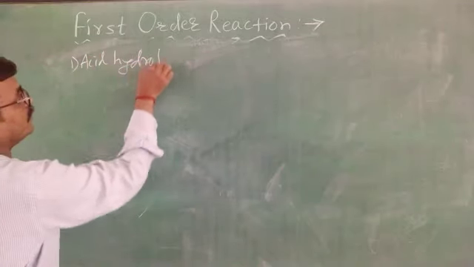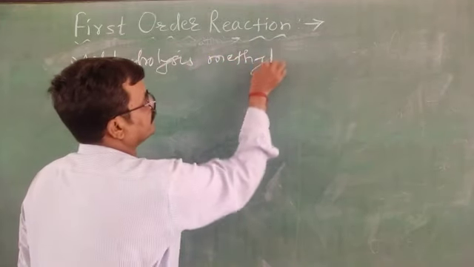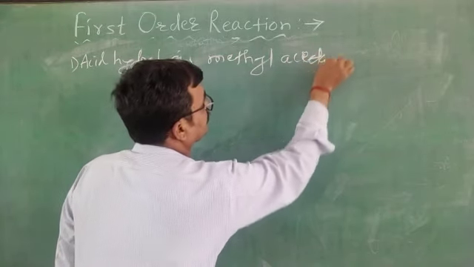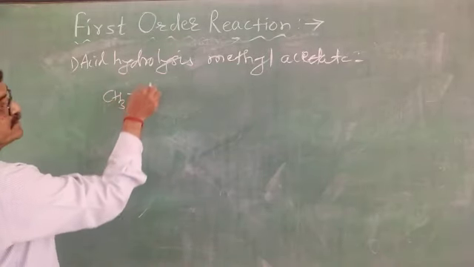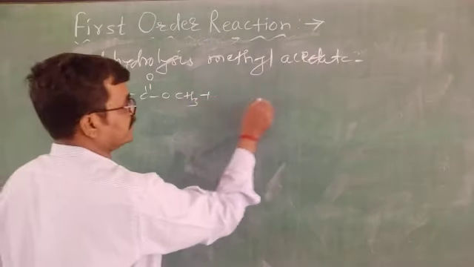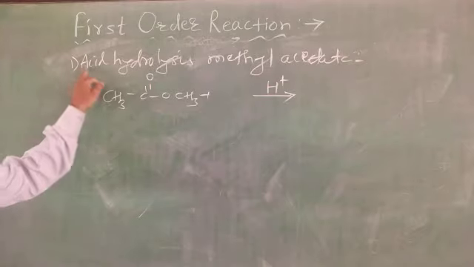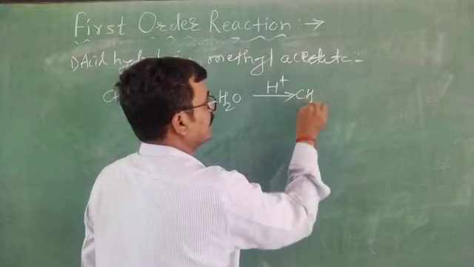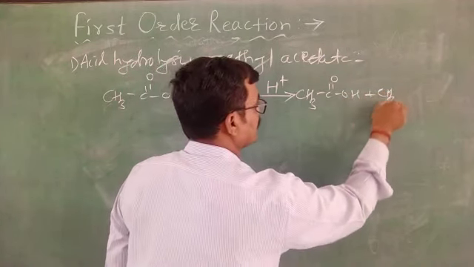Methyl acetate, CH3COOCH3, undergoes acid hydrolysis, means in the presence of acid. Then it gives CH3COOH, acetic acid, plus CH3OH.